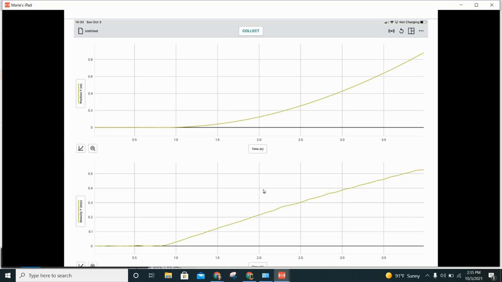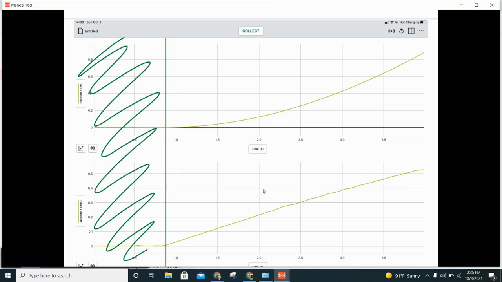All right, so this is what my data looks like. I was able to stop collecting data before it hit the bottom, so we're able to look at all of the data going that way. But one thing you'll notice is that I didn't let go of the cart right away at the beginning, so the beginning for time 0 is actually going to be here. When you graph this on your paper for part F, you're just going to worry about what the shapes look like.